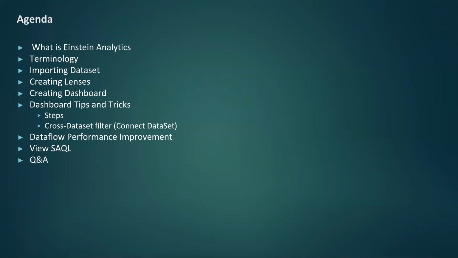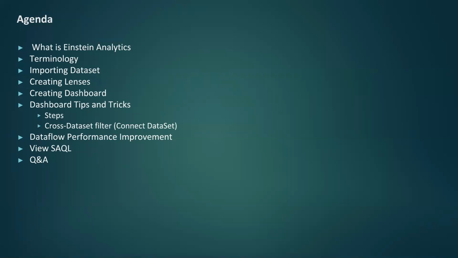We will go through how we can create a dataset, lenses, and how we can create a dashboard. There are some tips and tricks in the dashboard, like what steps are and how we are going to use a cross-dataset filter, and what exactly those are. We are going to cover that on the basis of a scenario. We will also discuss some performance improvements you can make to improve the dataflow.